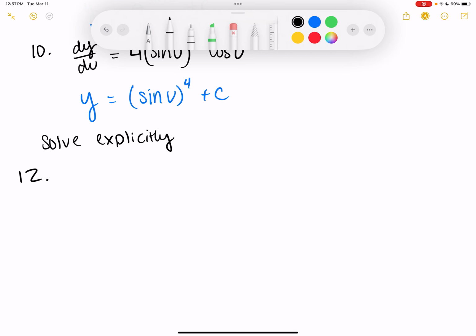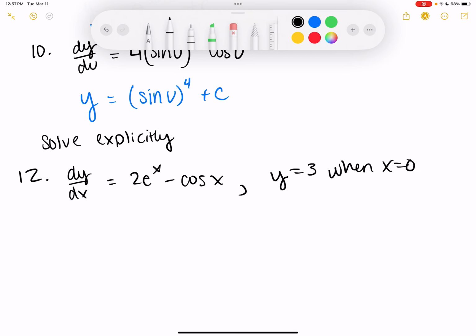12, dy/dx equals 2e to the x minus the cosine of x, when y equals 3 when x equals 0. So the very first step will be exactly like what we did in the first few problems.